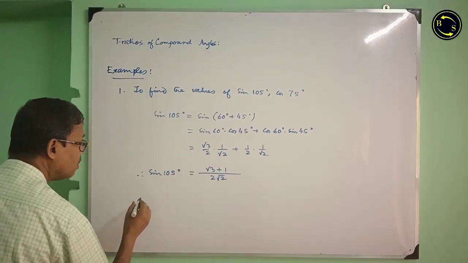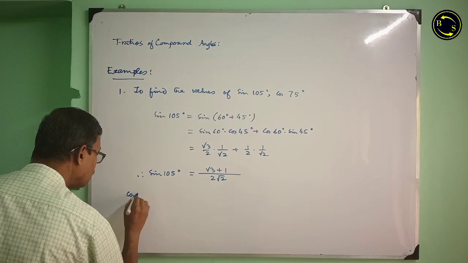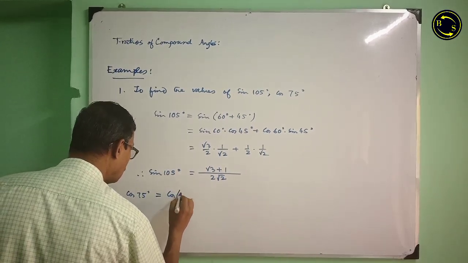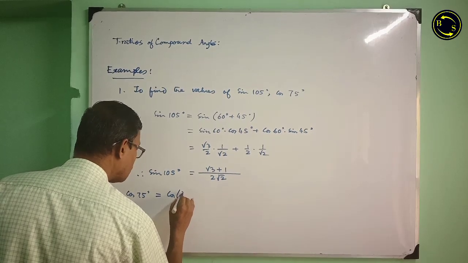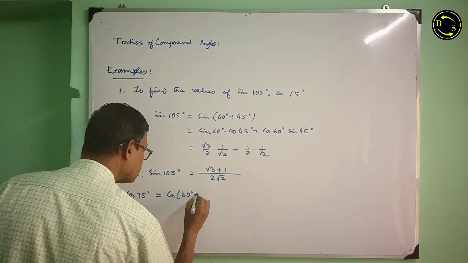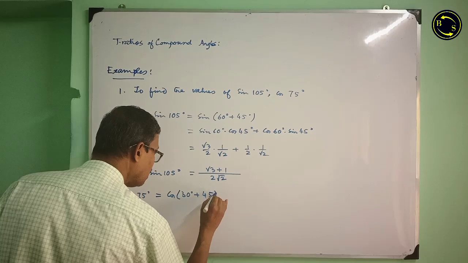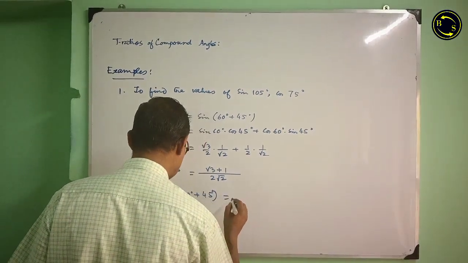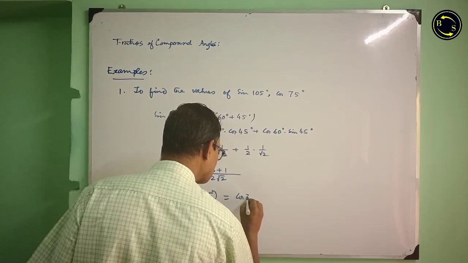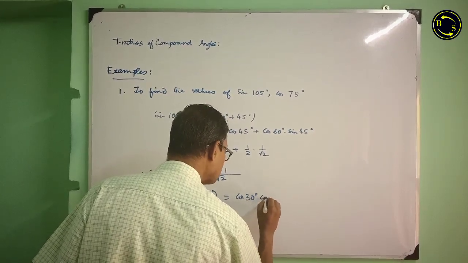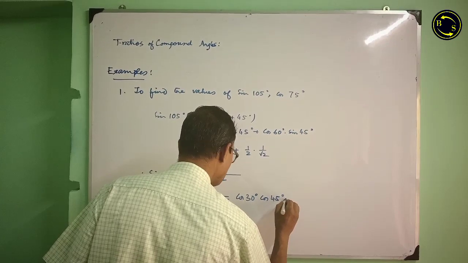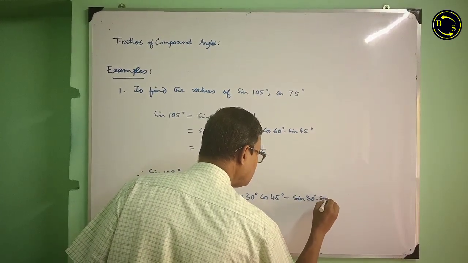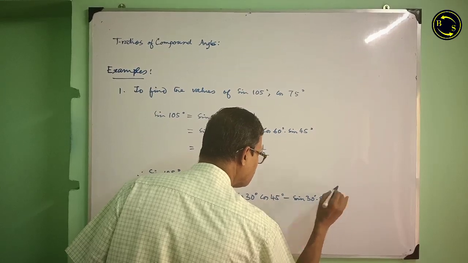Next, cos of 75 degree, that can be written as cos of 30 degree plus 45 degree. Now this is equal to, as we have learned, cos 30 degree cos 45 degree minus sine 30 degree sine 45 degree.